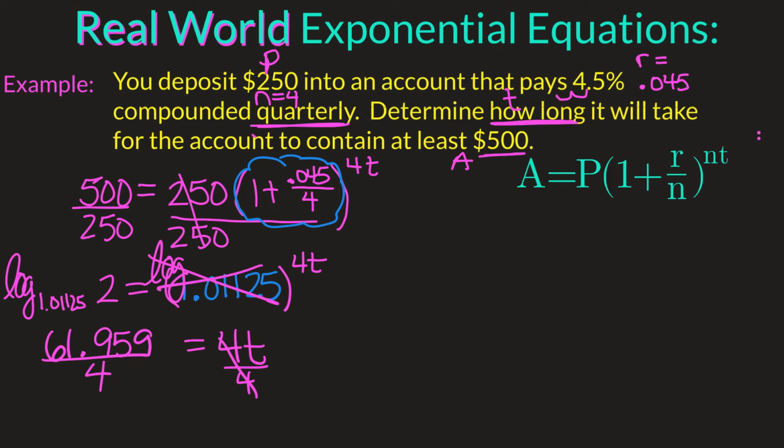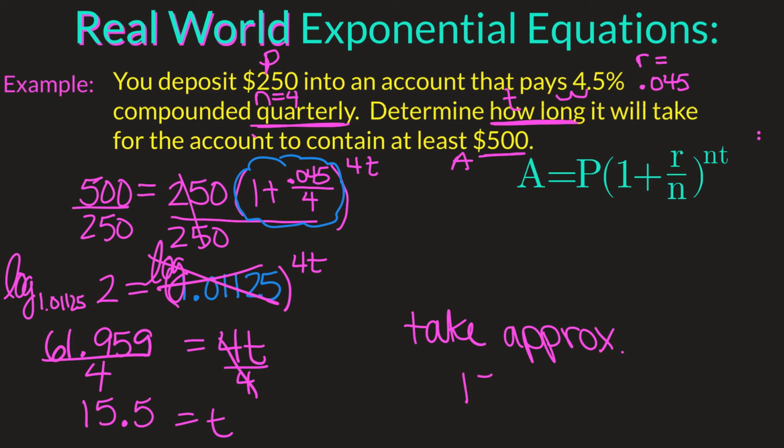So again, on the calculator, just hit divided by 4. You'll take your previous answer and divide by 4. So it looks like it's going to be about 15.5 years. So it's going to take approximately 15.5 years to double your money.